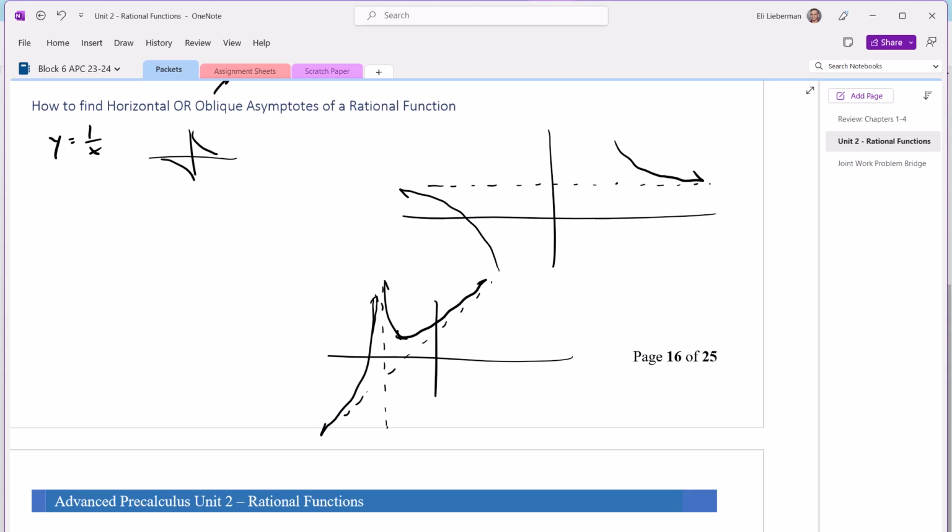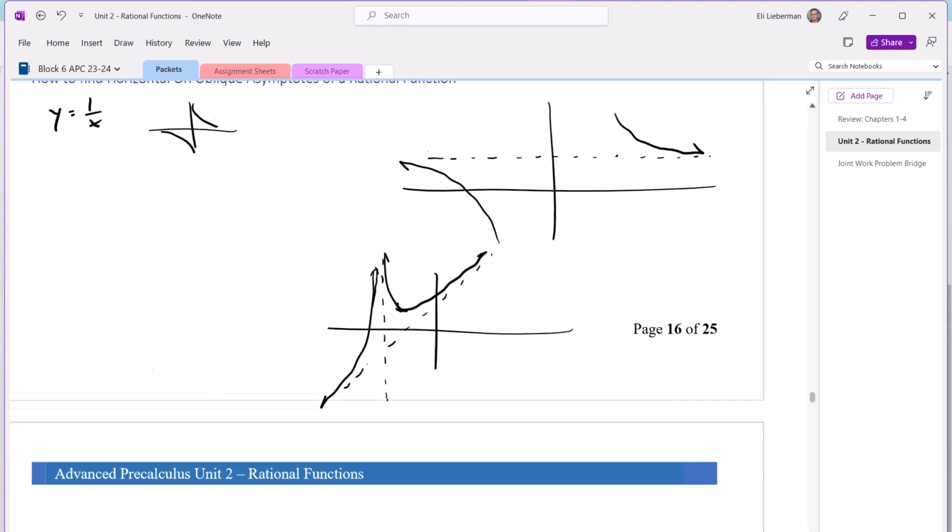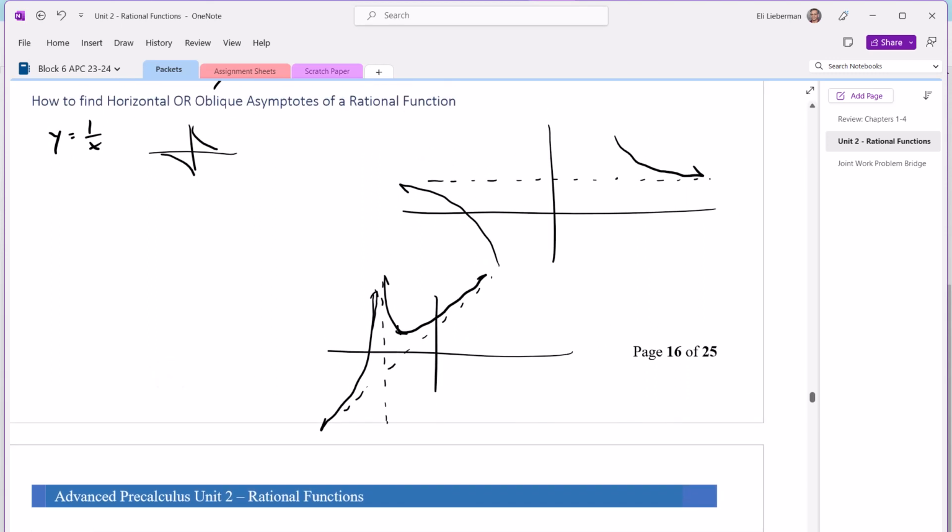And we'll talk about how to find it today. Does that make sense? That's where we're going today. We're looking at functions. We're just trying to check the behavior, not close to the vertical asymptote, but away from it, as x goes to positive and negative infinity.